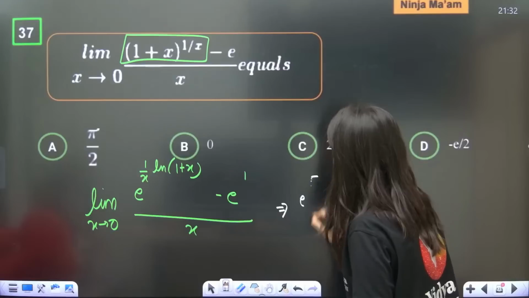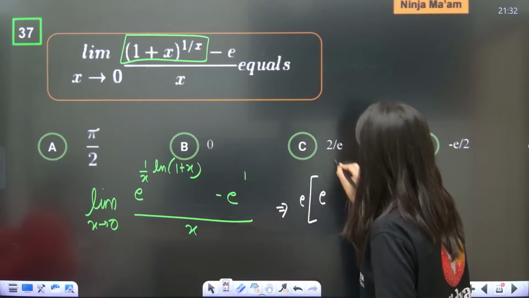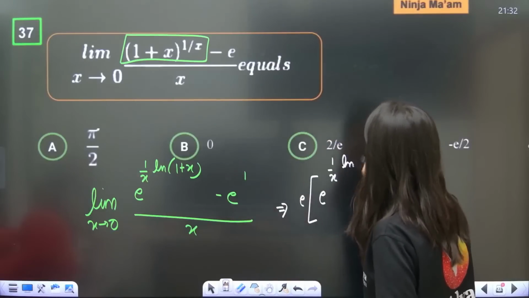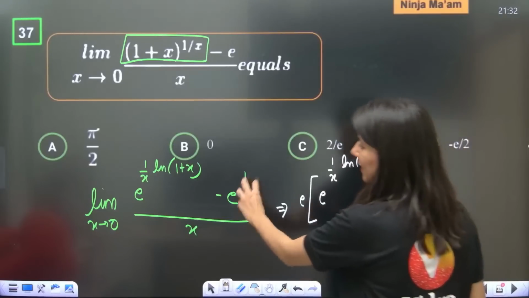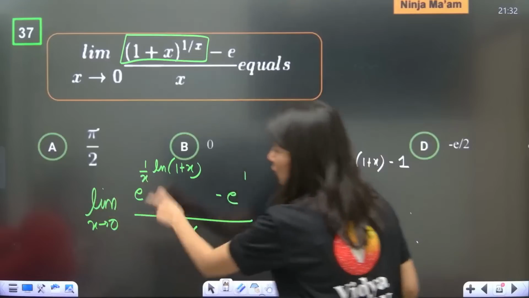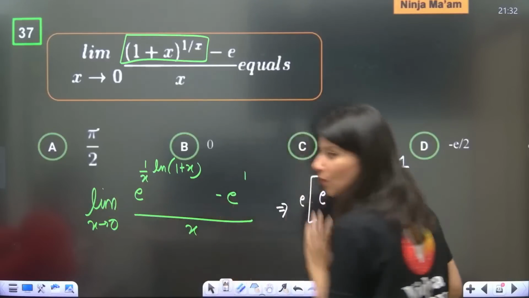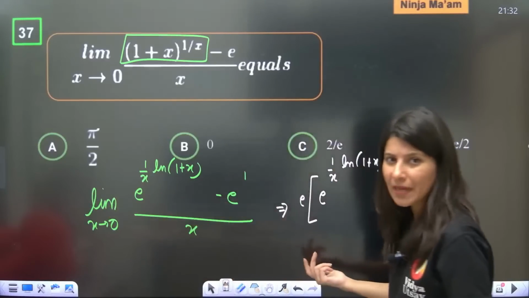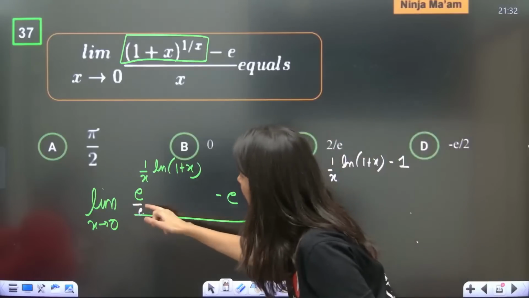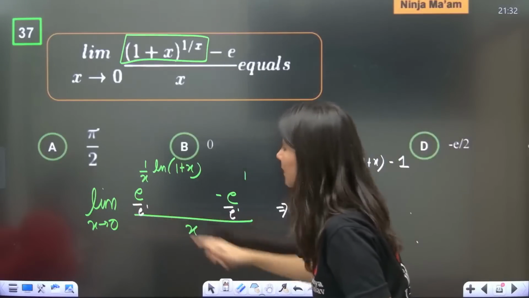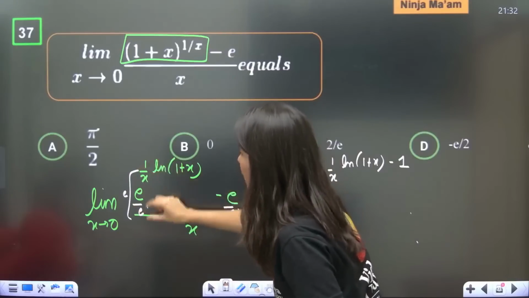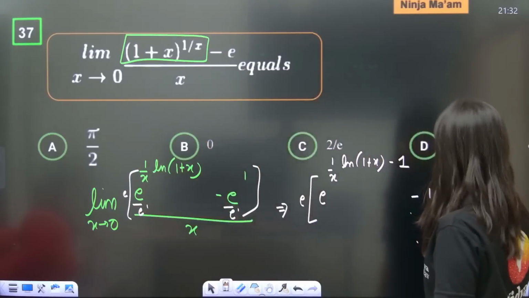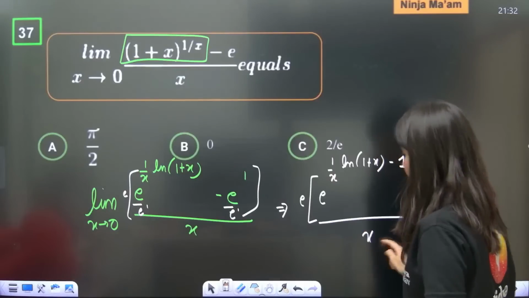So if you take e common, it will be e power 1 by x log of 1 plus x minus 1. Because you are taking e power 1 common, you are dividing both expressions by e. So this is upon e power 1, and you are taking e common. That's how you take. So this is e power whatever minus 1 upon, this is your x.